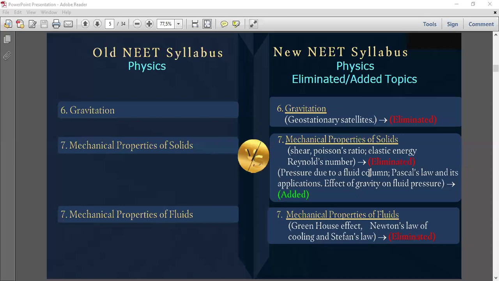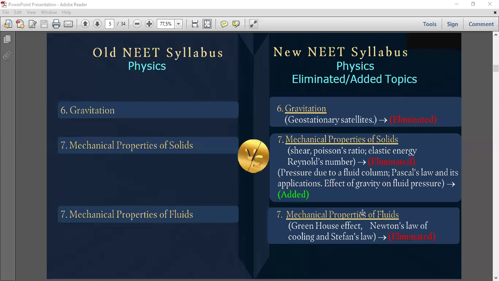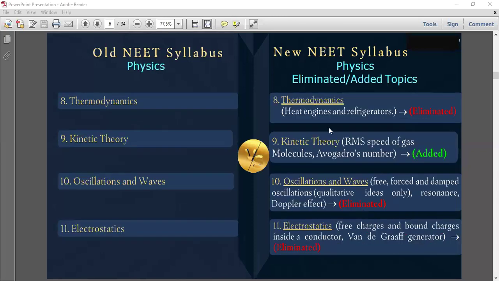Then, in the eighth chapter, thermodynamics, heat engine and refrigerators are eliminated. In kinetic theory, RMS speed of gas molecules and Avogadro number are added. In oscillations and waves, free, forced and damped oscillations (qualitative ideas only), resonance, and Doppler effect are eliminated. From electrostatics, free charges, bound charges inside a conductor, and Van de Graaff generator are eliminated.